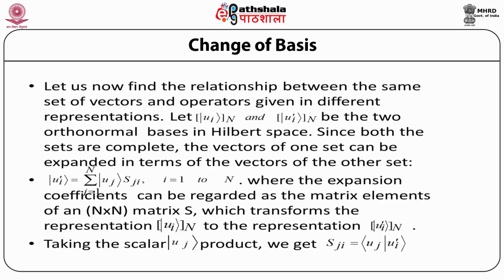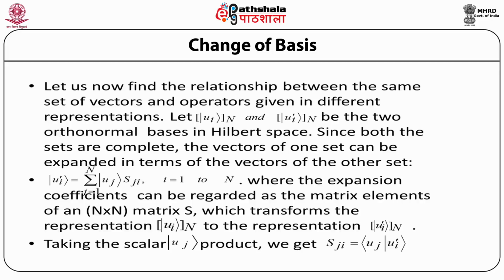That means the matrix S represents an n cross n matrix whose elements are the expansion coefficients S_ji, which transforms the representation of the orthonormal basis u_i to the representation of the orthonormal basis u_i'.